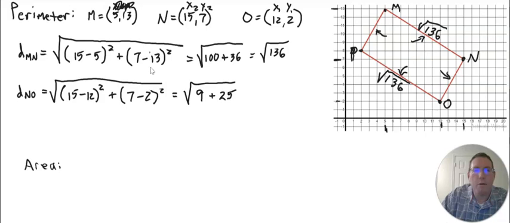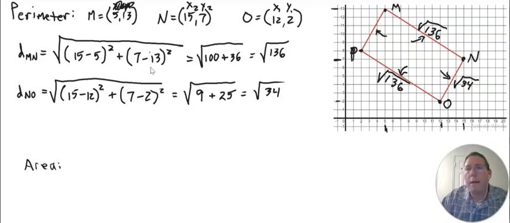So 9 plus 25 is 34. This segment NO is equal to the square root of 34, and that means MP is also the square root of 34 because it's a rectangle and those are the same length. So now we just need to add up the square root of 136, the square root of 34, the square root of 136, and the square root of 34 again.